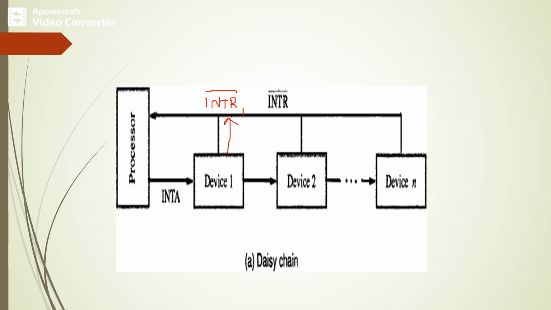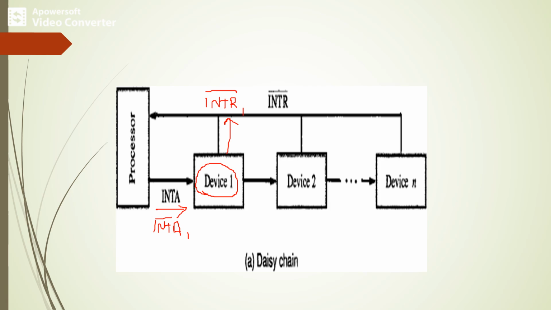With respect to this request, the processor will issue an acknowledgement signal, that is the INTA1 signal. Now the device will receive the acknowledgement from the processor and it will get service from the processor.